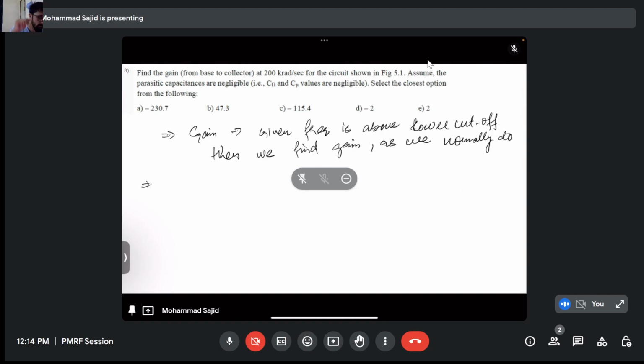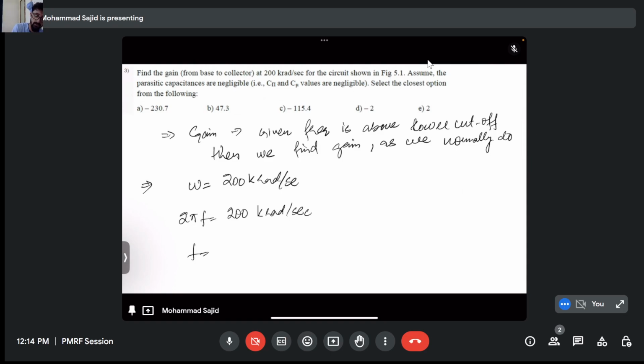Given omega is 200 kiloradian per second, that means 2 pi f is 200 kiloradian per second.